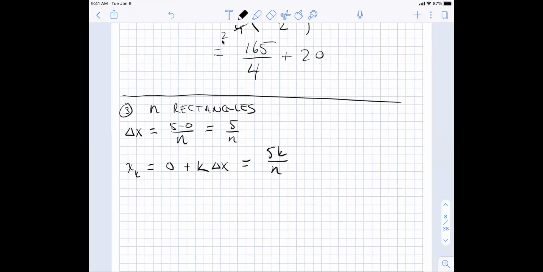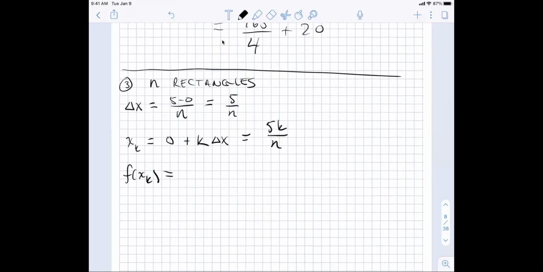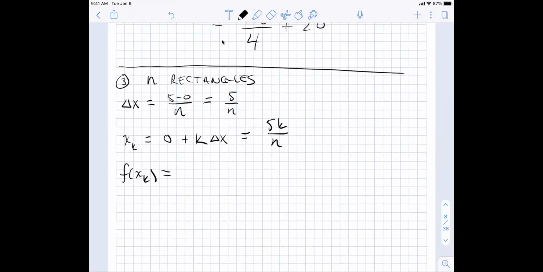Okay. And then the only other thing we really need in the sum, we're using the right-hand sum, is f of xk. Well, remember, f of x is 3x plus 4. So f of xk is just going to be 3 times 5k over n. There's the first part of f of xk, and then I add 4.